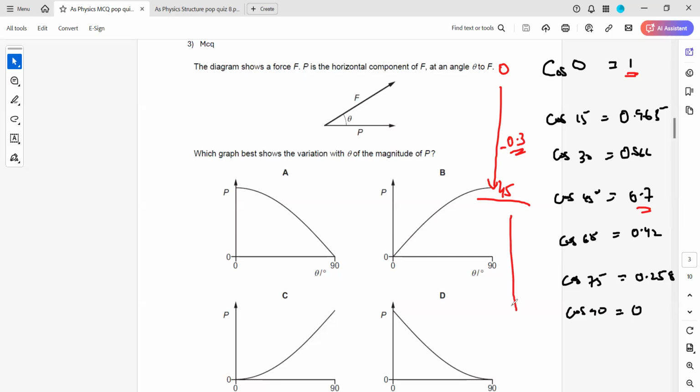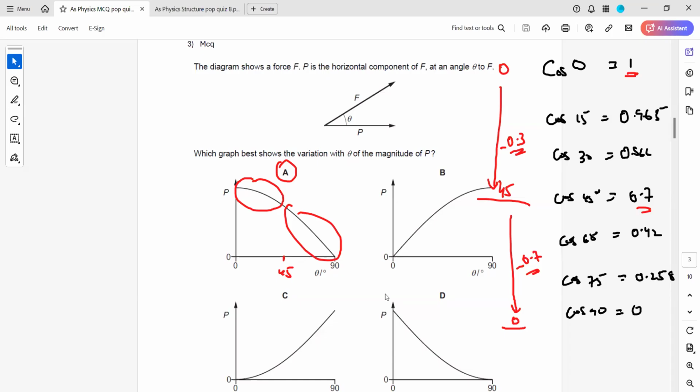But when you check the change in angle from 45 to 90, it was 0.7 and it becomes 0, so it has decreased by 0.7. What does it mean? When the angle changes from 0 to 45, the value change will be smaller, but when the angle changes from 45 to 90, the value change will be greater. So that's why A is the right answer.